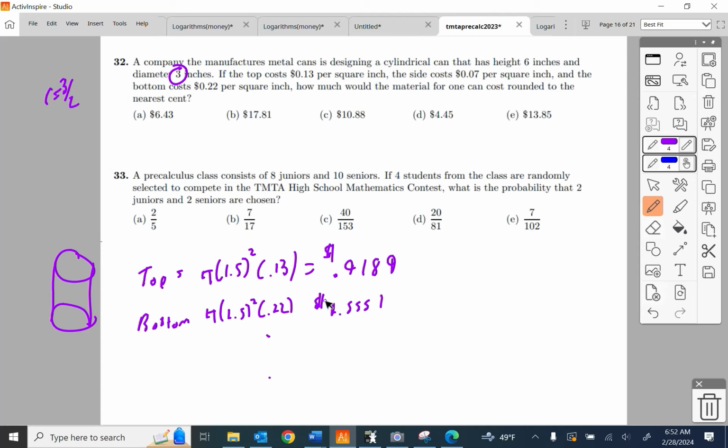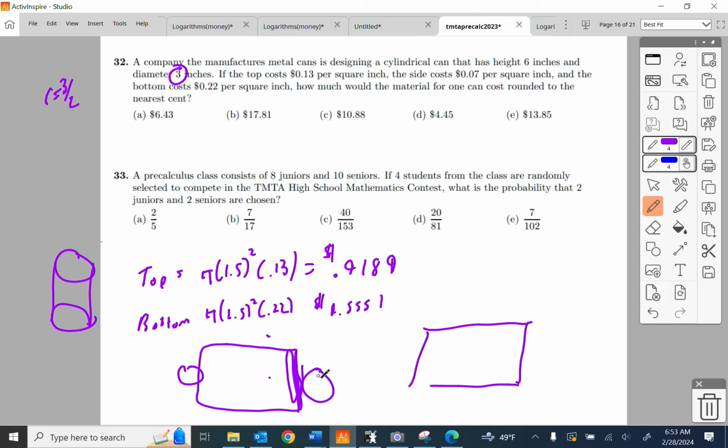Now the sides. This would be something that a lot of kids will struggle with because their geometry is just not what it needs to be. It used to be a state standard that you would have kids draw nets. And this length of the rectangle is the circumference of the circle. This is 2 pi r. The height is given in the text as 6.